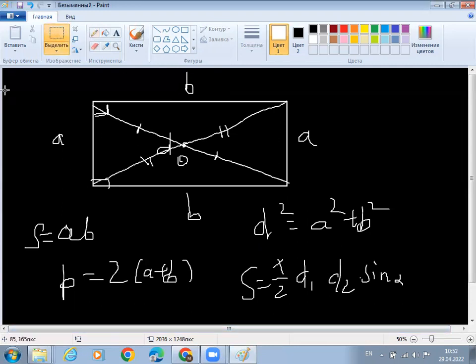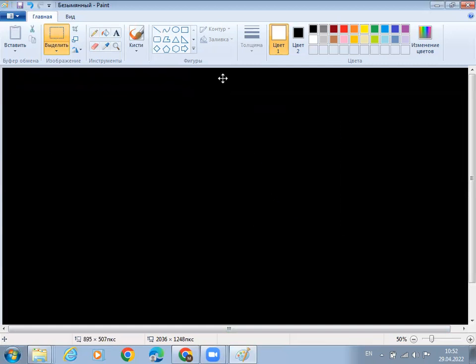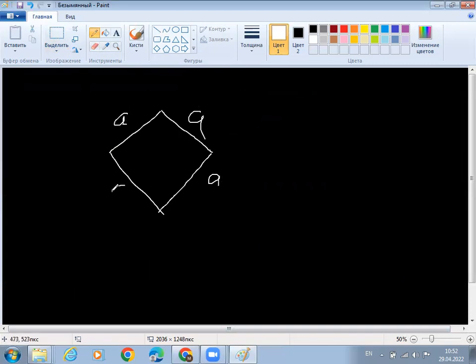So now let's go to rhombus. What is the rhombus? Rhombus again is a parallelogram. So rhombus is a parallelogram with all sides equal and with diagonals perpendicular to each other. So what does it mean? In rhombus, diagonals are perpendicular. That means that they cross at 90 degrees, yes? And they bisect each other.